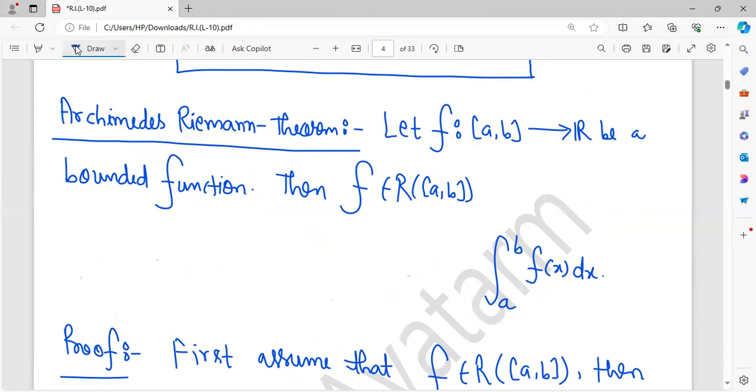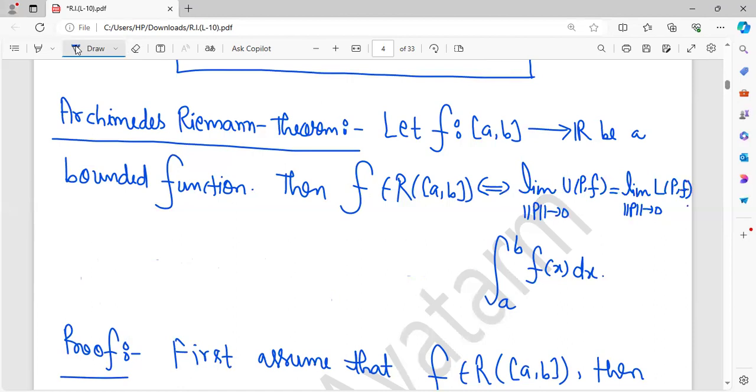So f is Riemann integrable if and only if limit norm P tending to 0 of U(P,f) is equal to limit norm P tending to 0 of L(P,f). Both are equal.